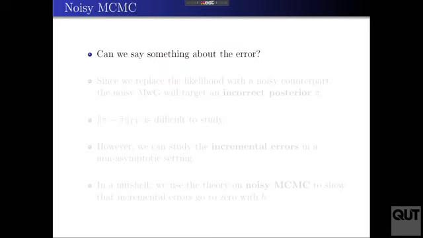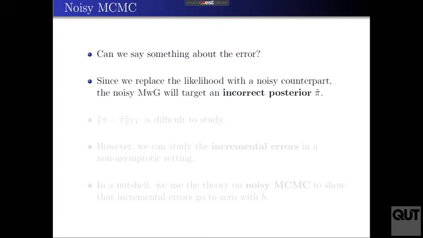Now, the main point we want to address is the error. Can we quantify the error that we obtain with this kernel, with this Metropolis within Gibbs? We sample with this algorithm, and it has an invariant distribution, which I call pi tilde.